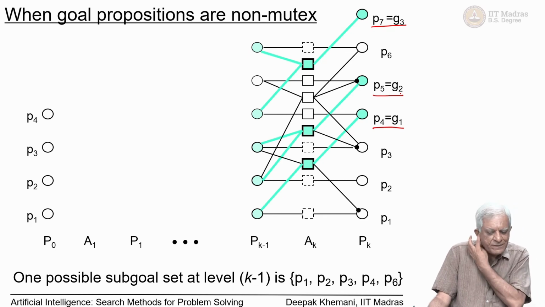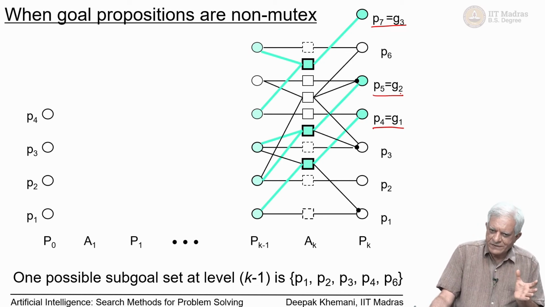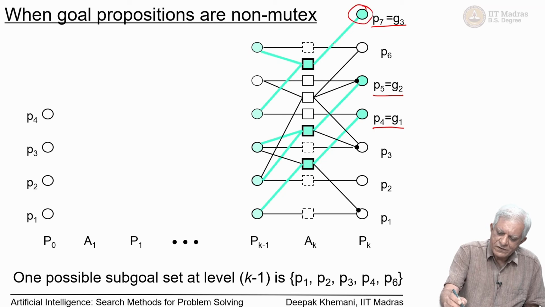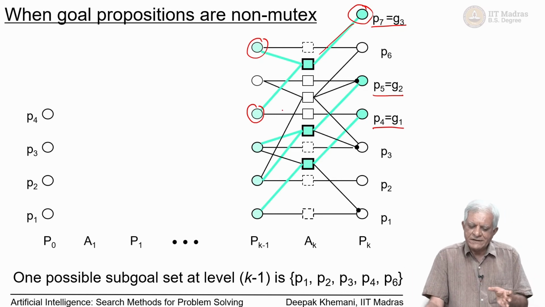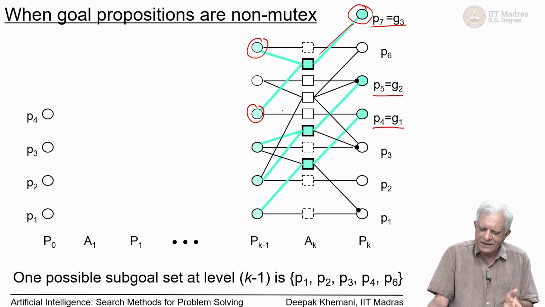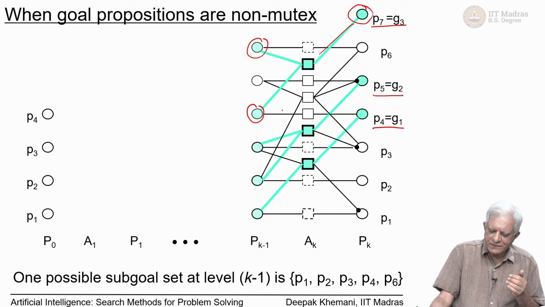This is like doing backward state space planning, but within the planning graph. What can be the sub goals for achieving P7? The action that achieves P7 is the one which is shown in thick black lines, and the preconditions of that would be the propositions that should be present in the previous layer, if that was to be part of a plan.